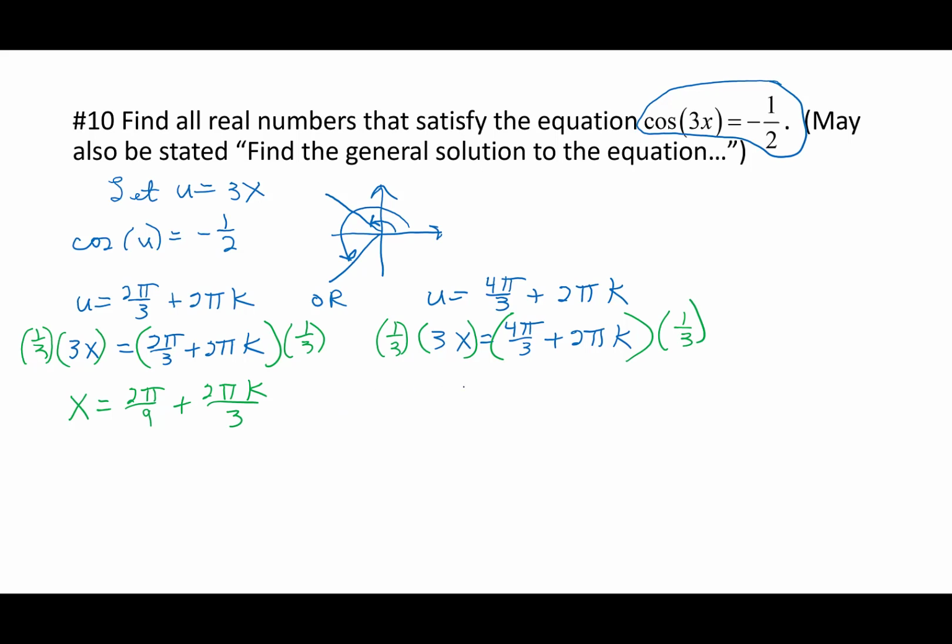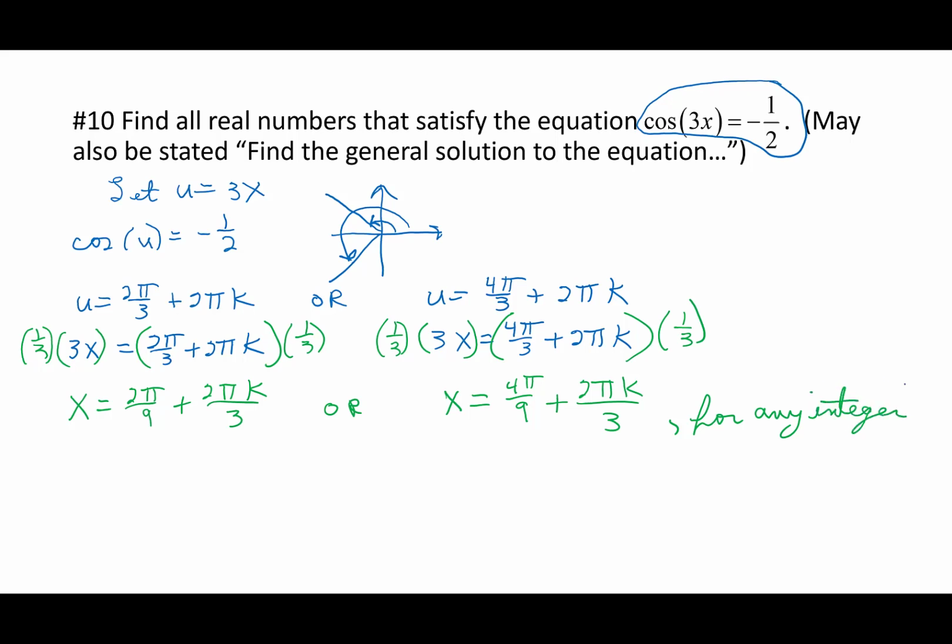The second equation, I have x equals 4 pi over 9 plus 2 pi k over 3. Okay, and we've got it. I'm just going to put the word or in between, and I'm going to say for any integer k.